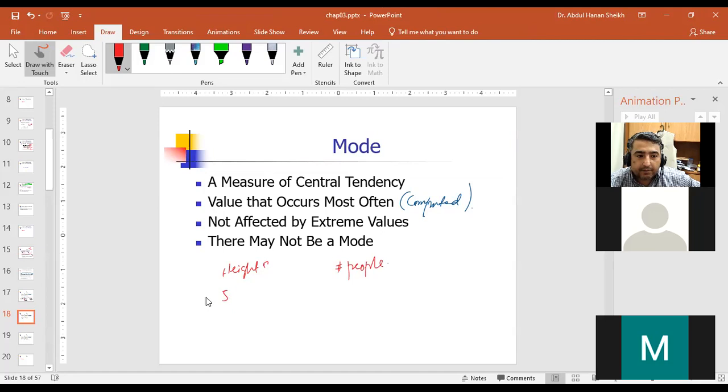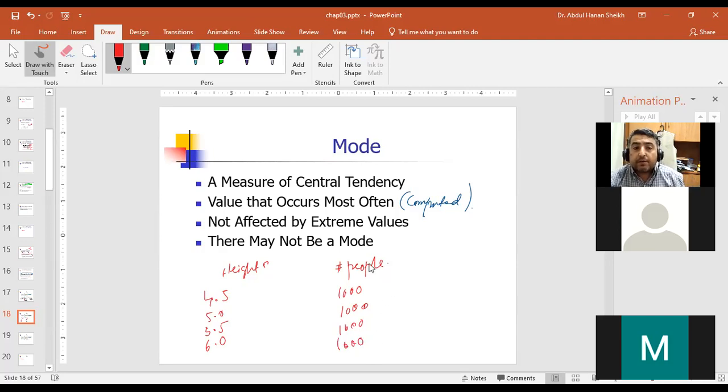Let's say we start with 4.5, 5.0, 5.5, 6.0. We have 1,000 people in this class, 1,000 in this one, 1,000 in this third class and 1,000 in the next.